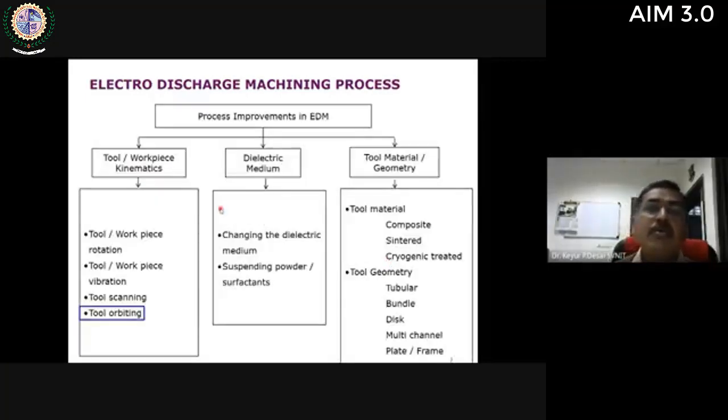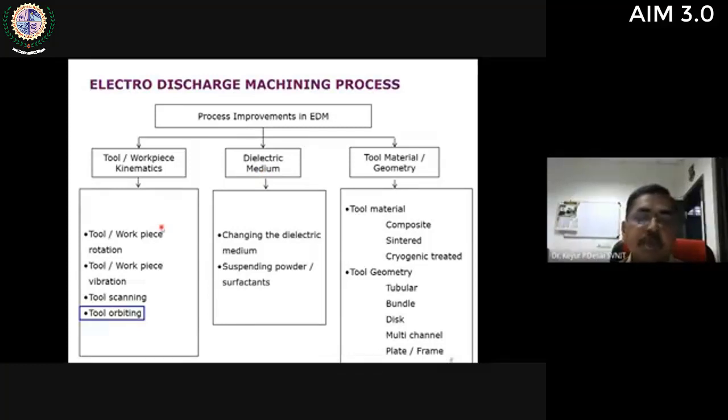So if you want to aim at some process improvements in EDM, we can have improvement possible with tool-work kinematics. We can have improvement possible with some modifications in the dielectric fluid medium, or we can have some improvement possible with tool material or tool geometry.